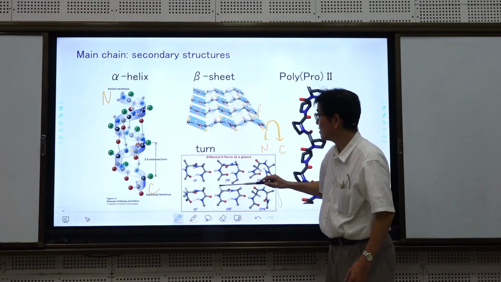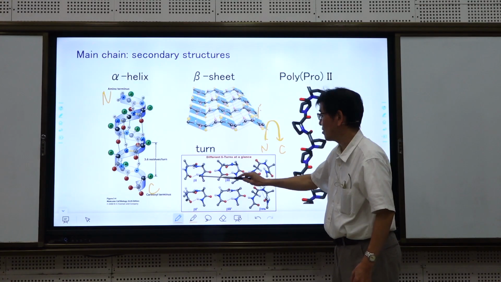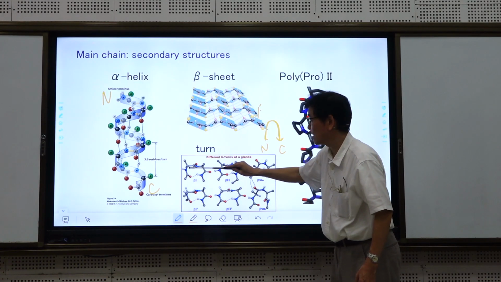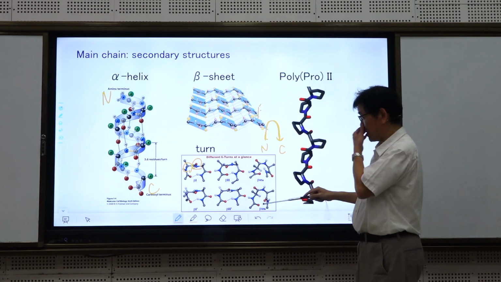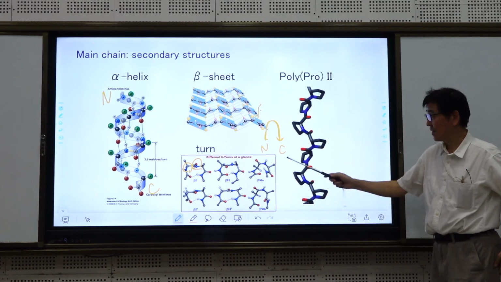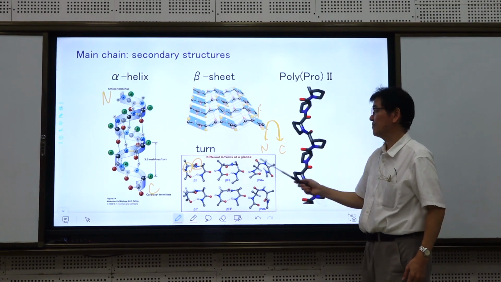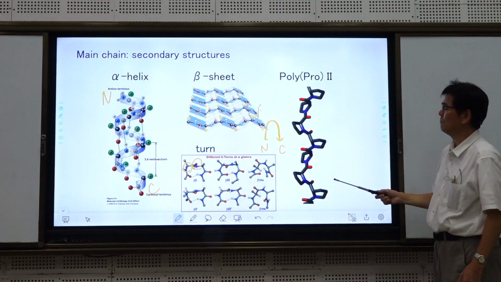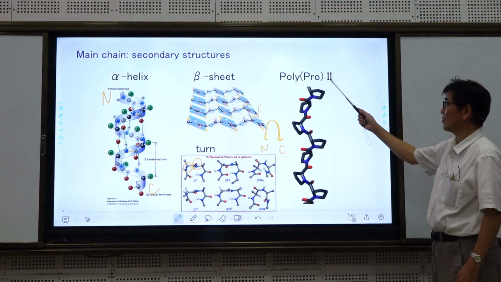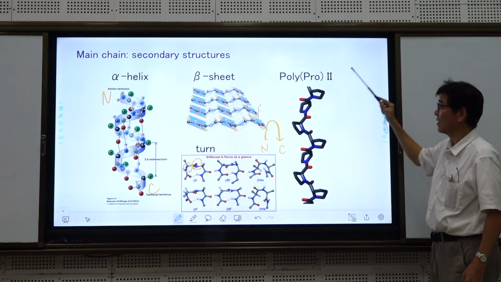The difference is the position of the hydrogen bonding and the number of amino acids in this turn structure. Also, there is a polyproline 2 structure.